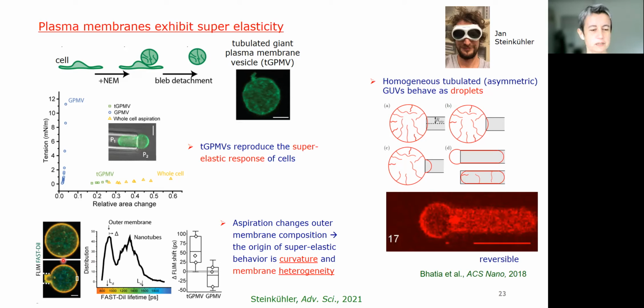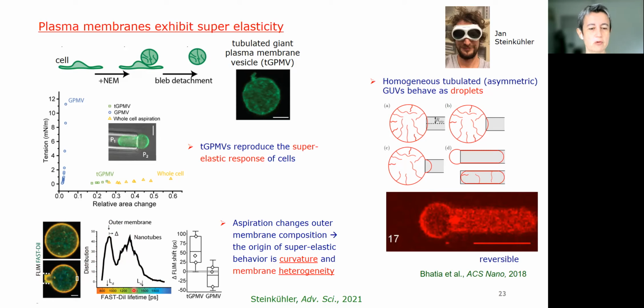So it's heterogeneous. And the way we confirm this is by using FLIM, fluorescence lifetime imaging microscopy. In these images, the color of the pixels reflects the lifetime of the dye. It's the same dye that is distributed between the tubes and the outer membrane. And this is the spectrum of the lifetime of this dye. The dye in the nanotubes has a longer lifetime than the dye in the outer membrane.